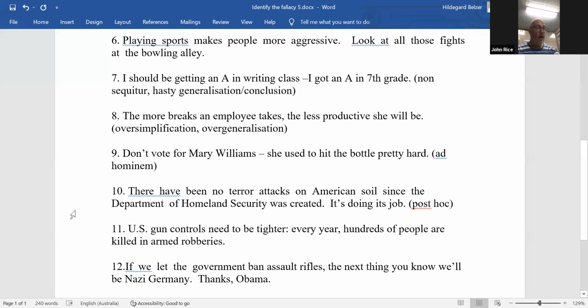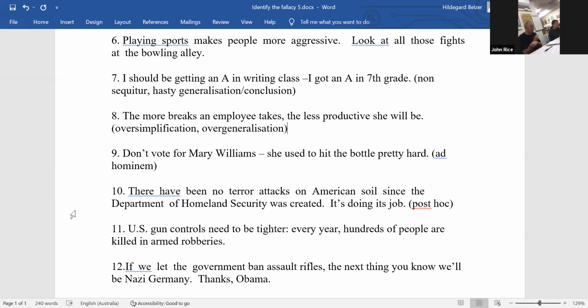I think you could regard 8 as those two things, oversimplification and overgeneralization. As I said last week, we can sometimes combine more than one fallacy. Sometimes they are problematic in 2 or 3, or if you're really clever, 4 possible ways. Sometimes they've added an element, even unintentionally.